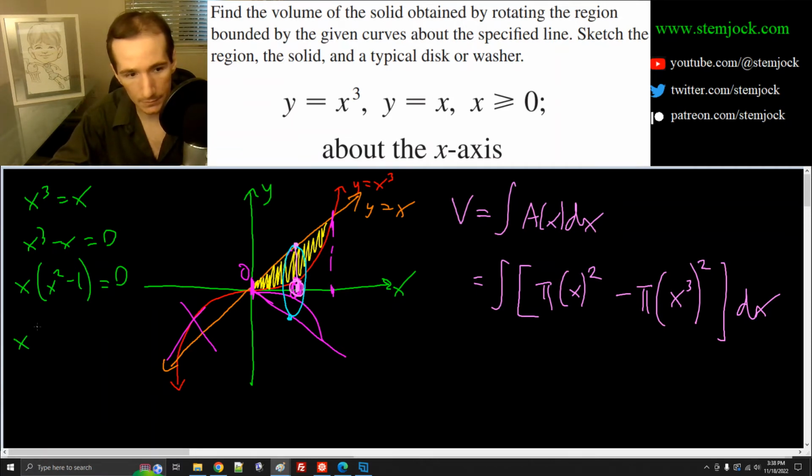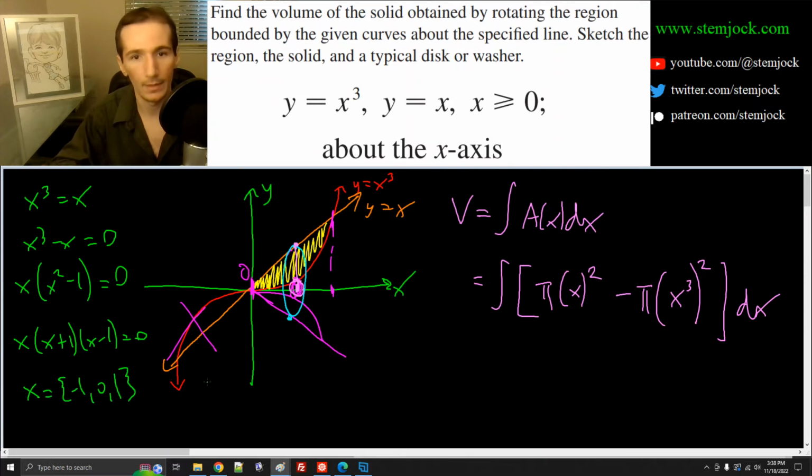This is x times x plus 1 times x minus 1 equals 0. So by the zero product property, x equals -1, 0, 1. And since x has to be greater than or equal to 0, I'm going to choose 1 here. That's going to be this number right here. So 0 and 1 are my limits of integration here.